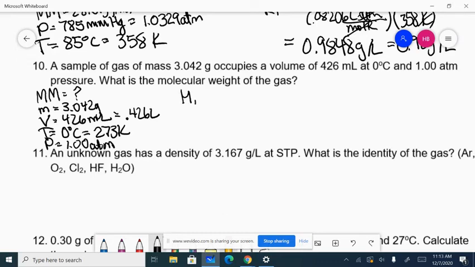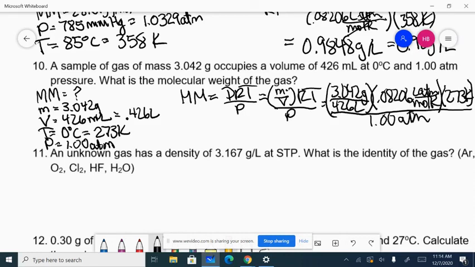So molar mass equals dRT over P, and d is actually density, which is mass over volume, RT over P. All right, units.